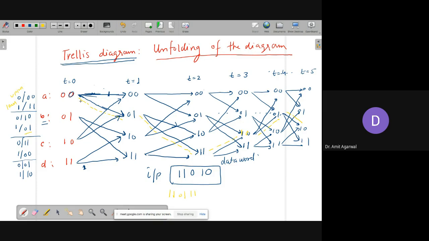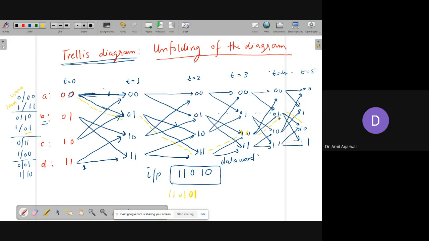We start again. 1 corresponds to 1 1. Then you are in 0 1 state, and 1 comes. 1 means 0 1. Then you are in 1 1. 0 comes upper, means 0 1. This point is clear, I hope, because 0 comes from here. This corresponds to 0 1.